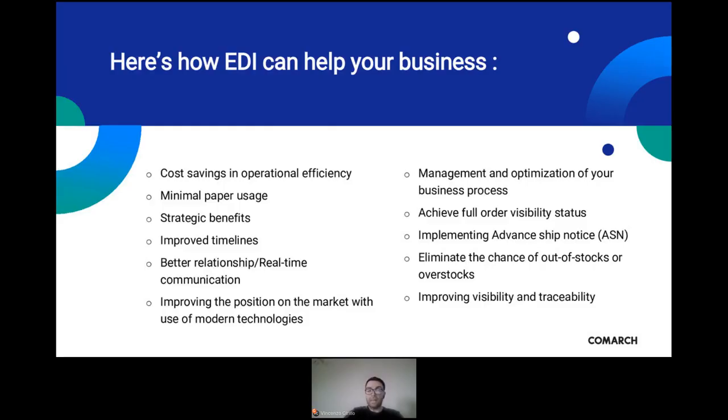And of course, this can be done with integration and the use of data exchange and document management platforms like EDI solutions. Also, what I would like to add here is that such solutions can be very powerful, allowing companies to monitor their supply chain flows in real time, and they can have better results while having full control of their daily operations.